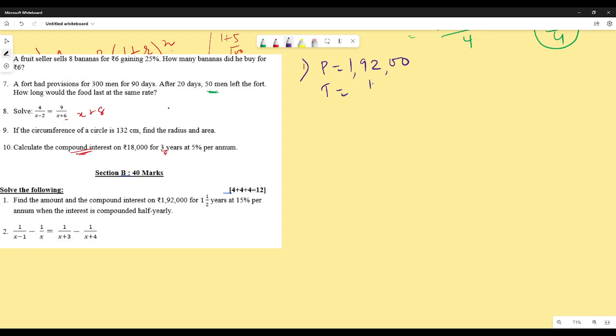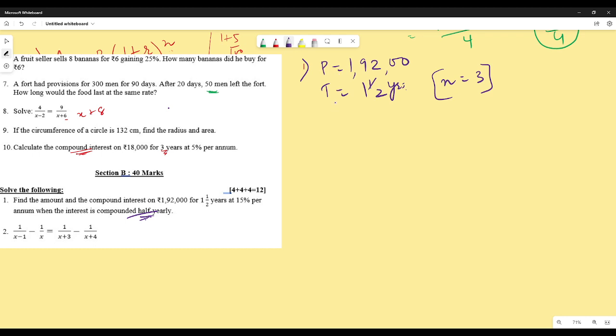Time is 1.5 years, right? But the interest is compounded half yearly over here, right? So that means N will be 3. Why 3? Because 1.5 years, how many segments of half year? 1 year comprises 2 half years, and then there is another half year. So you have N equal to 3 over here.